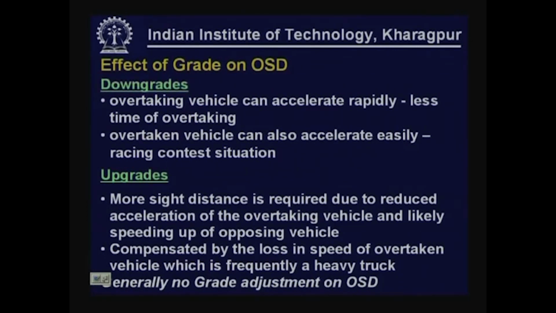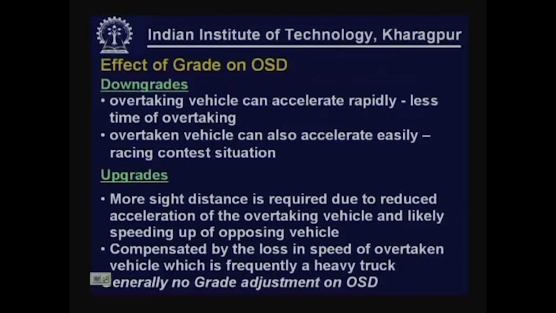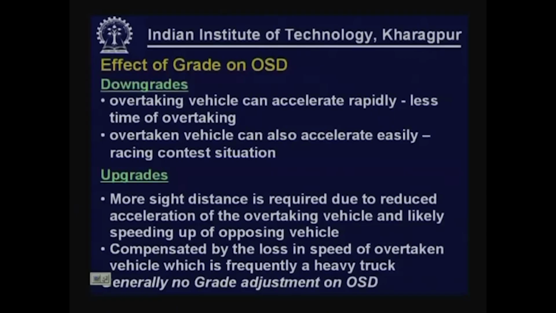So, we expect that probably we require higher overtaking sight distance, but here also there is a compensating factor, that is the loss of speed of the overtaken vehicle, which is frequently a heavy truck, a heavy commercial vehicle.